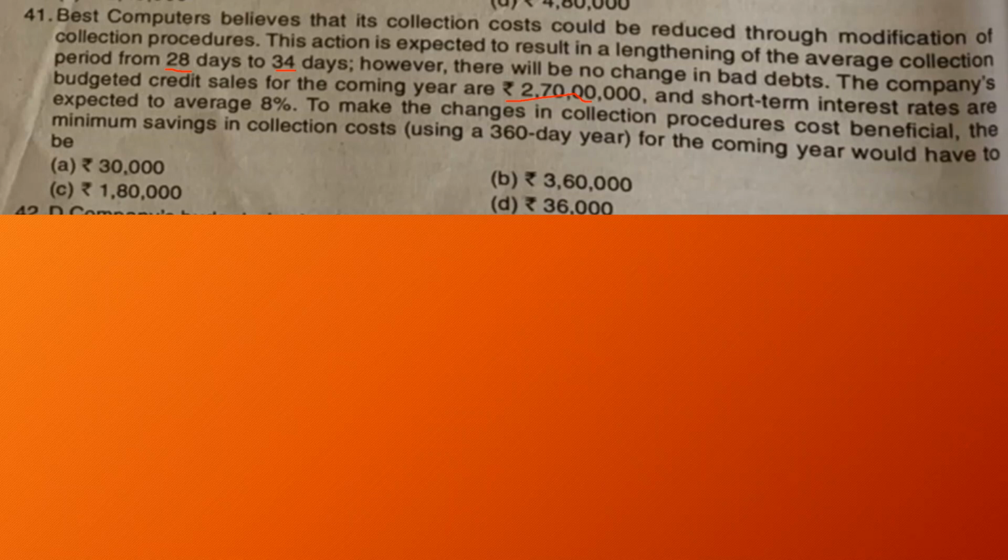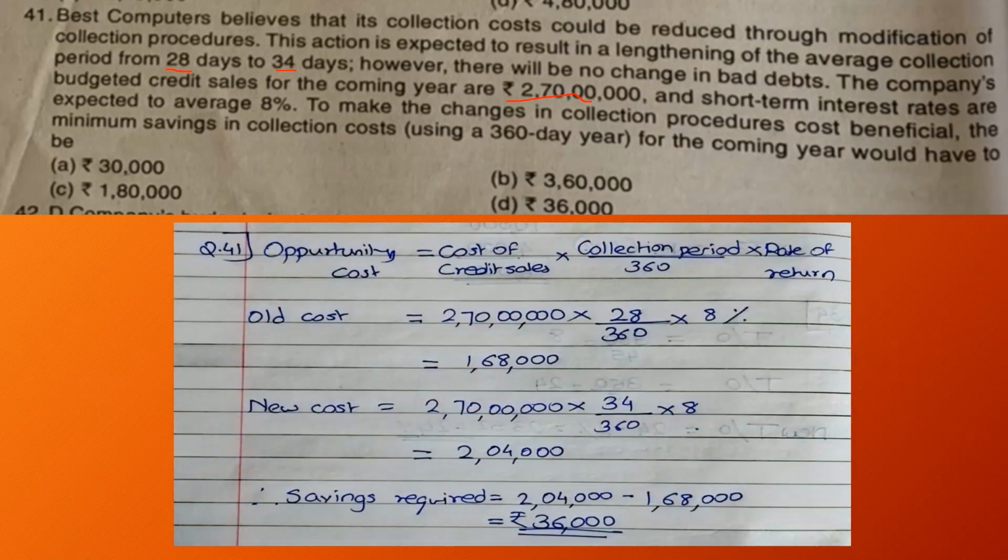So the solution is over here. First opportunity cost ढूंढेंगे for both the old and new days. तो डेज से ही सब डिफर होने वाला है ना, बाकी कुछ चेंज नहीं होने वाला है. What is going to be changed is days. So first cost of credit sales: 2 crore 70 lakhs into 28 upon 360 into 8%.